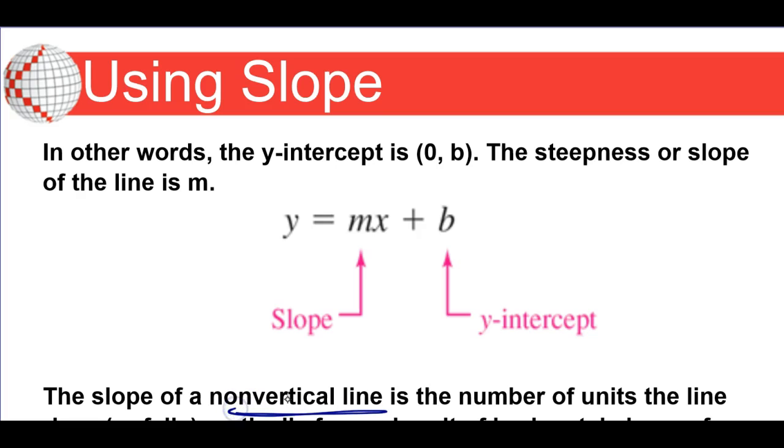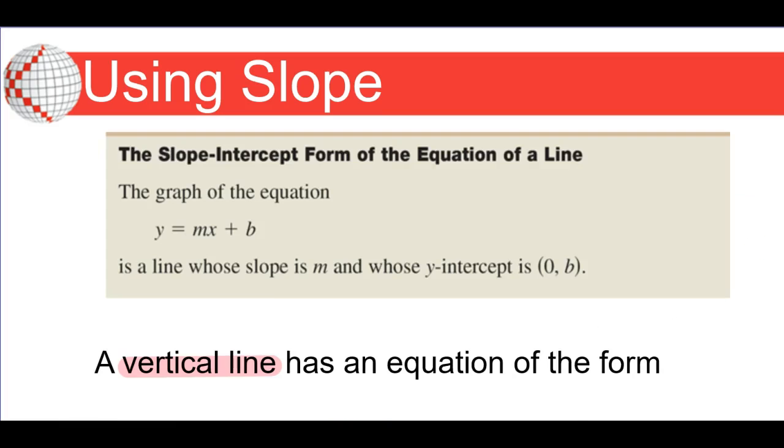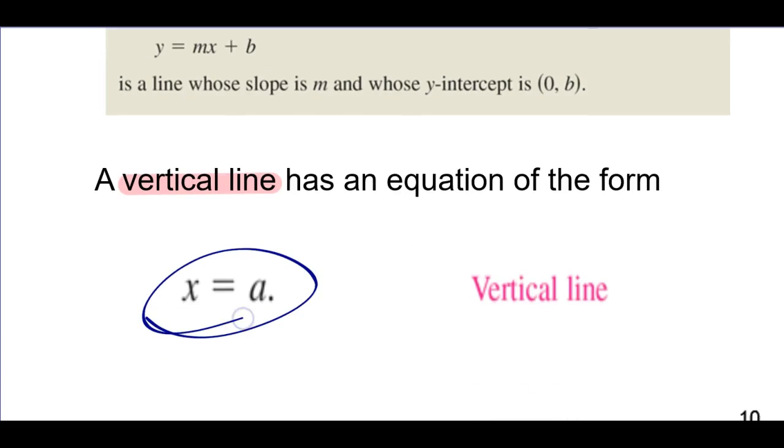Vertical lines are really not even functions. This would be a vertical line, x equals 5, and that's a special case where I'm not going to be able to write it in this y equals mx plus b form, because there is no y. So the equation for vertical lines is just x equals something.